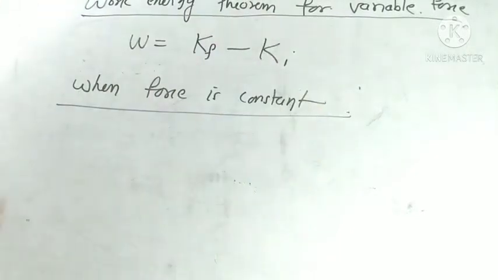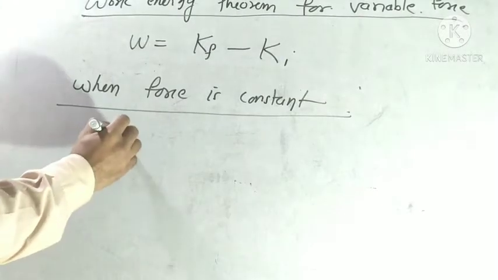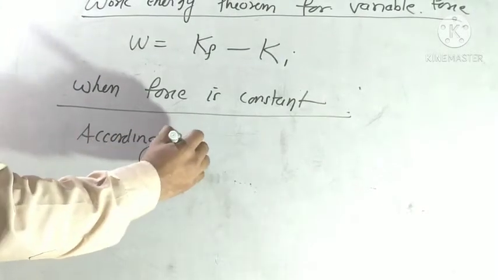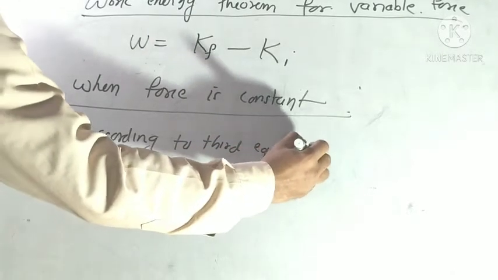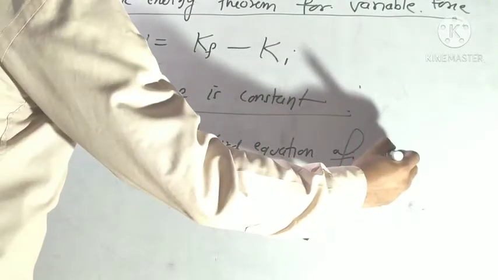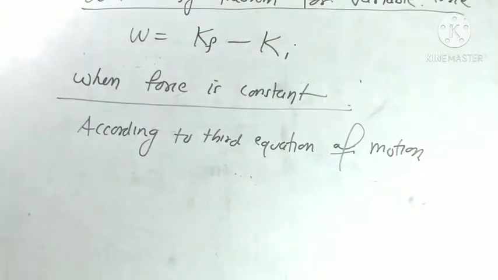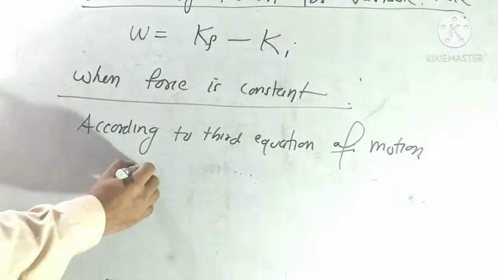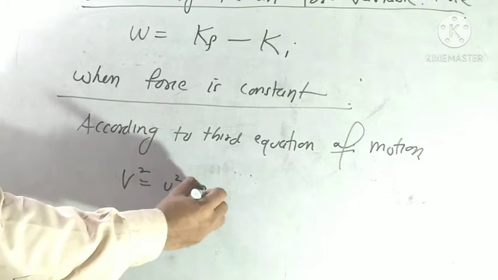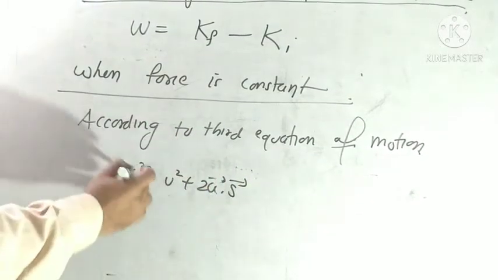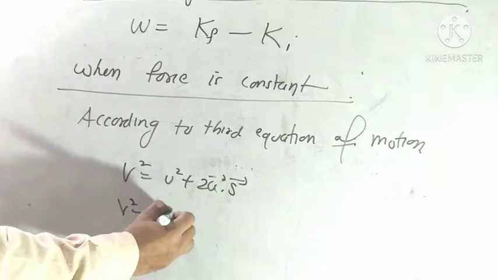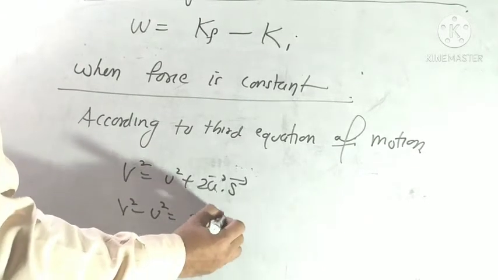then what happens? According to the third equation of motion, v square is equal to u square plus 2a dot s, a dot product. So v square minus u square is equal to 2a dot x.